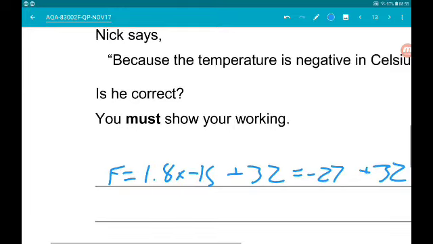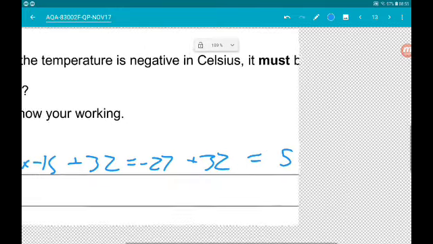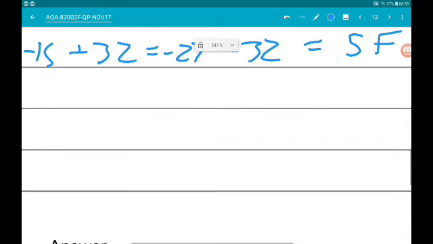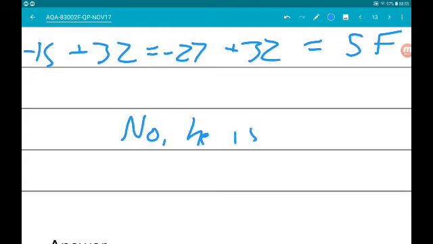So we were asked, is he correct? He is not correct. He is wrong. And the reason he's wrong is because a negative temperature in Celsius led to a positive in Fahrenheit.